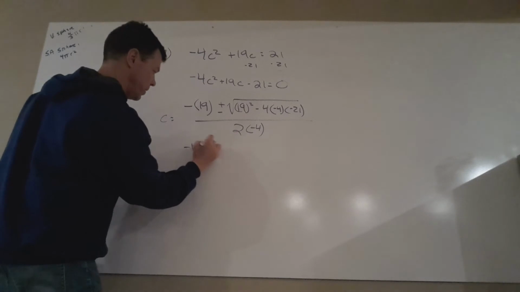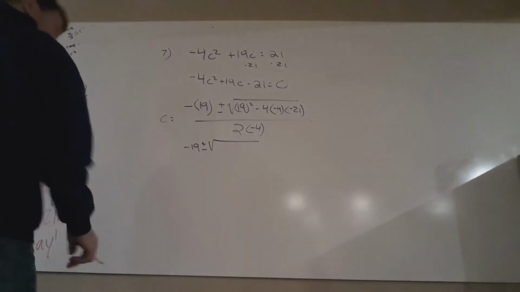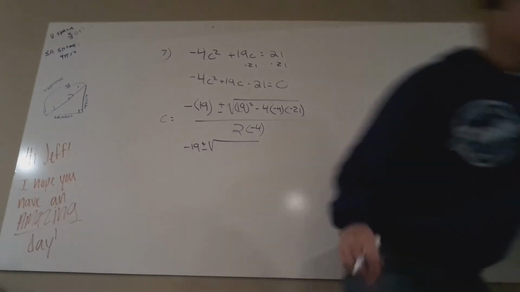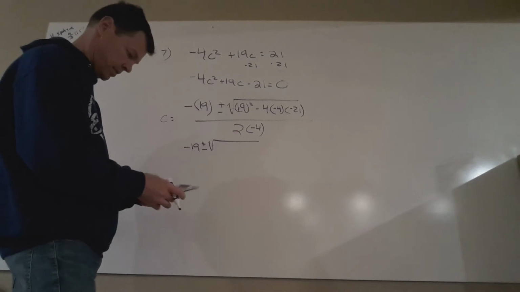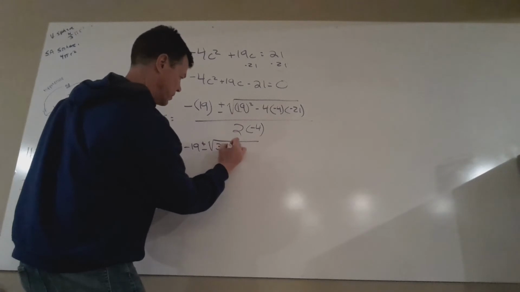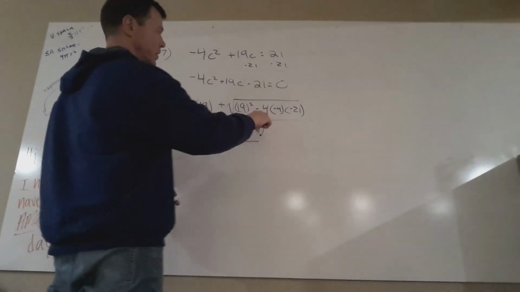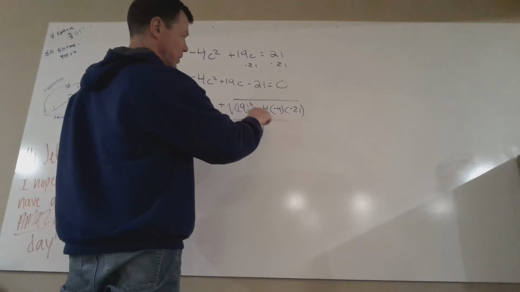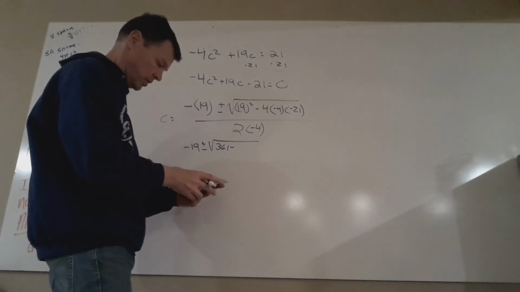Negative 19 plus or minus the square root of, I mean 19 squared. 19 squared is 361, minus all this stuff. Well, you can just go negative 4 times negative 4 times negative 21. Let's do that.